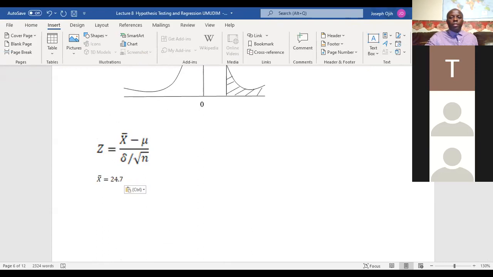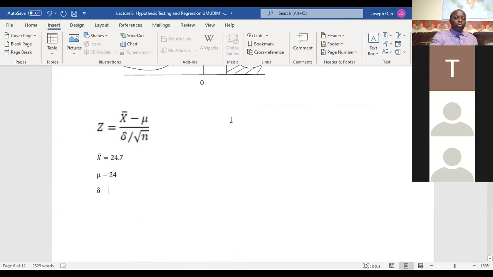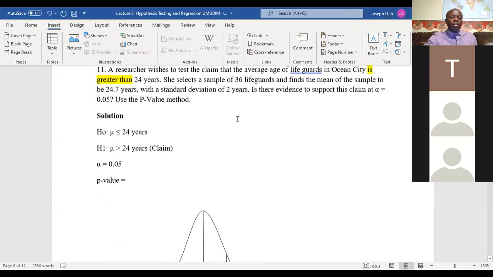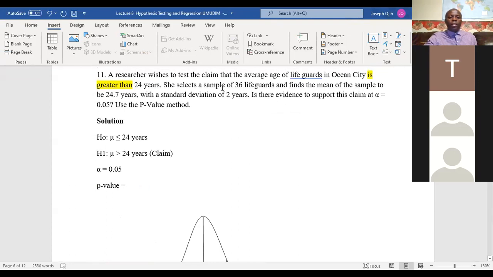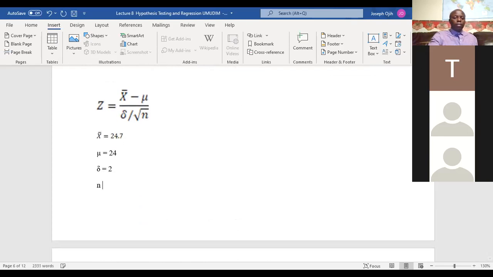And the standard deviation, sigma, for the population, is 2 years. Put 2 right here. And how many of them were selected? It says he selected a sample of 36 lifeguards. So n equals 36.